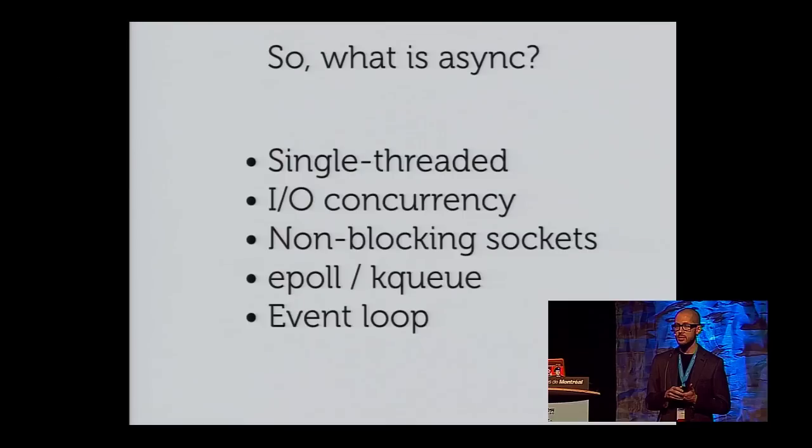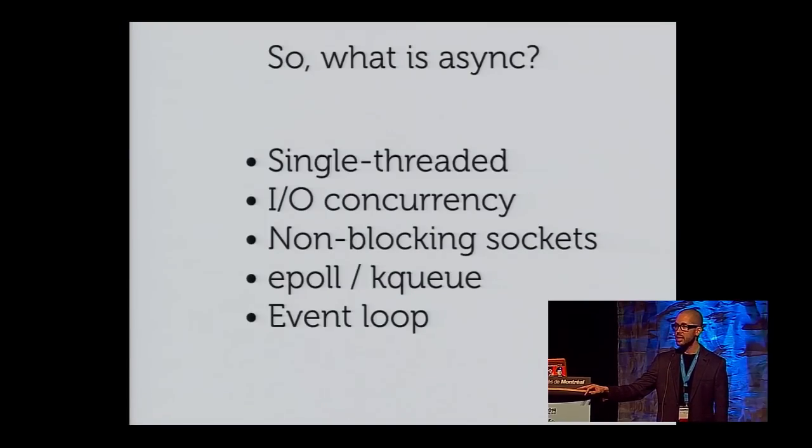It uses non-blocking sockets, and we'll see what that means in a few minutes. And it uses some platform-specific facility to register for event notifications on those non-blocking sockets. On Linux, it's epoll. On Mac and BSD, it's called KQ.